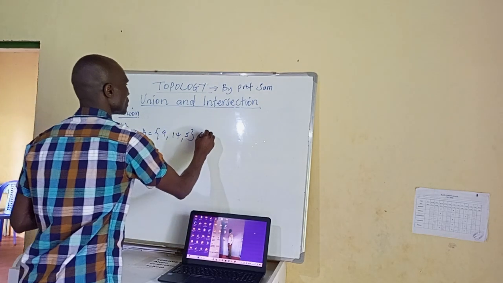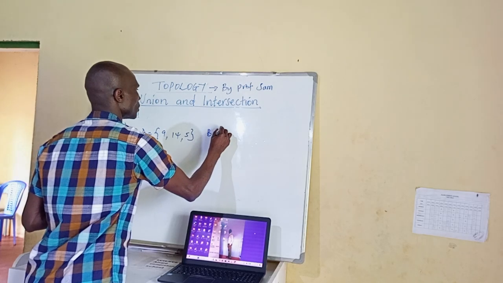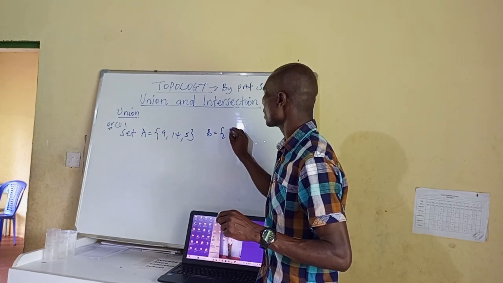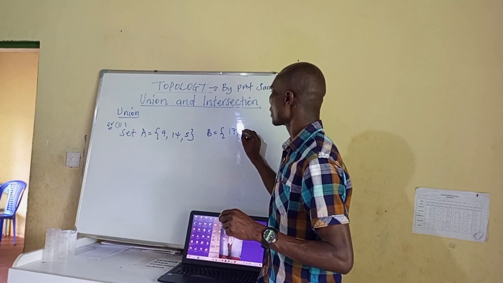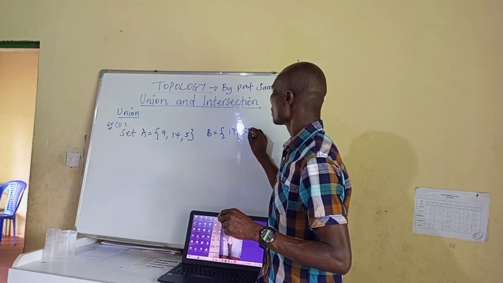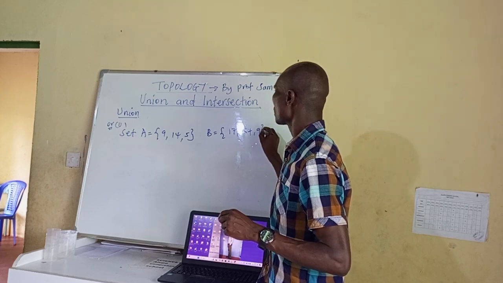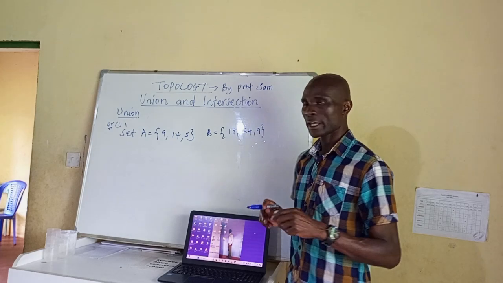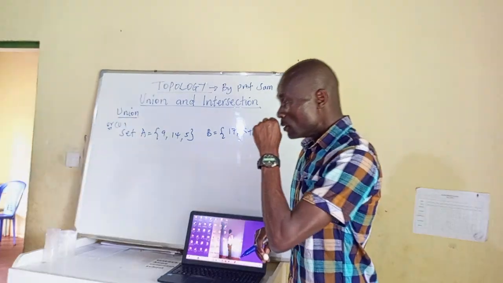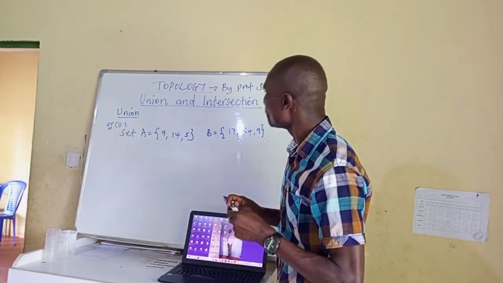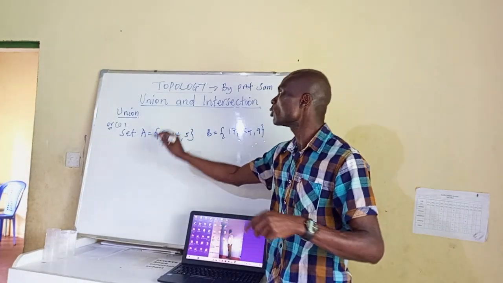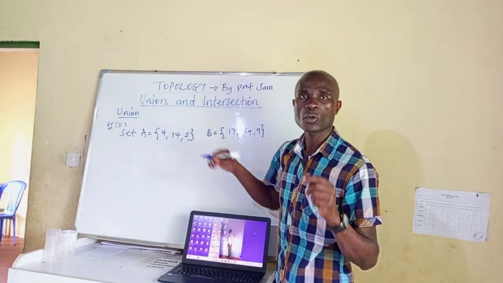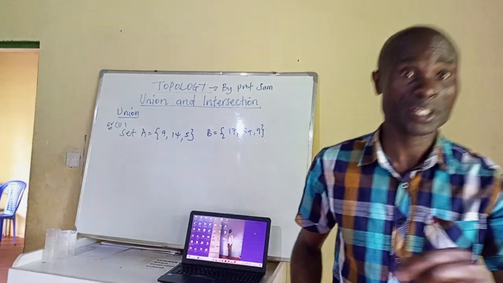And then we have set B, which has maybe 17, 24, 9. So we have here two sets and we want to get the union of A and B. What are we trying to say?